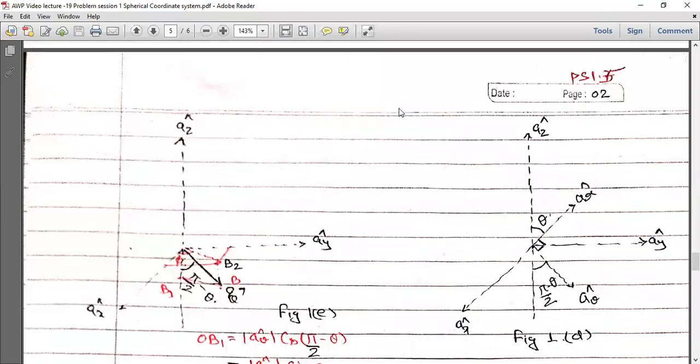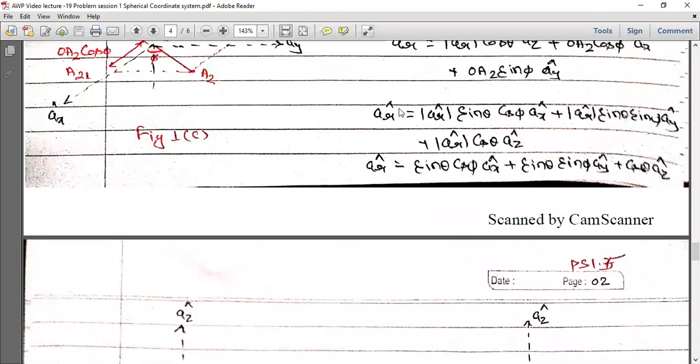Okay, so in this manner, we can find the radial unit vector in terms of the rectangular unit vectors ax, ay, az cap for any point. Why are we doing this? Our objective is to prove that the dot product of AR cap and A theta cap, or A theta and A phi, or A phi and AR is 0. And to prove this, our strategy is to represent these unit vectors in terms of their rectangular counterparts.